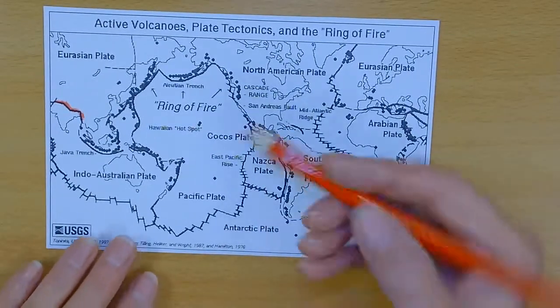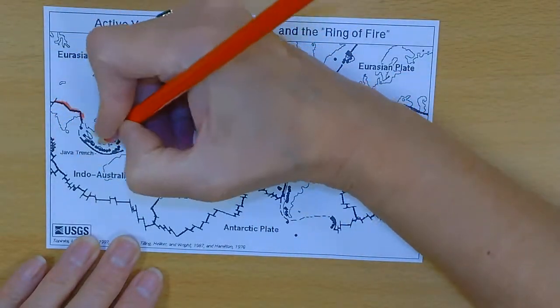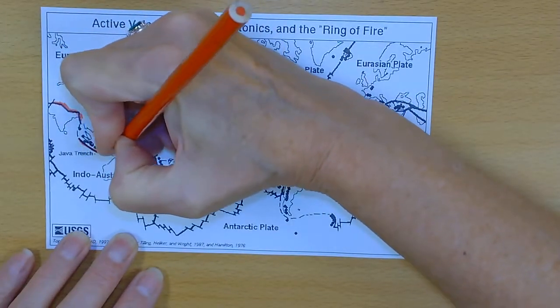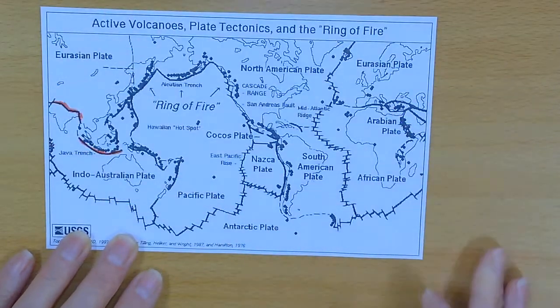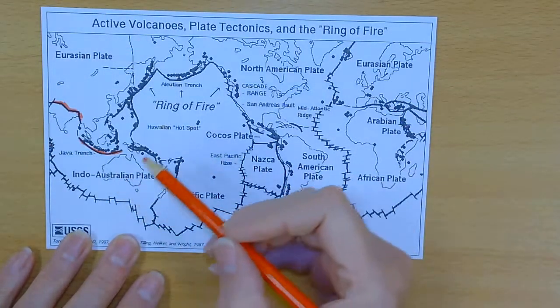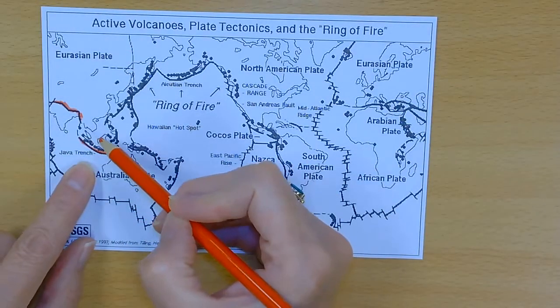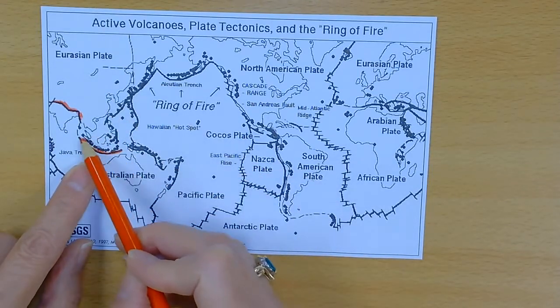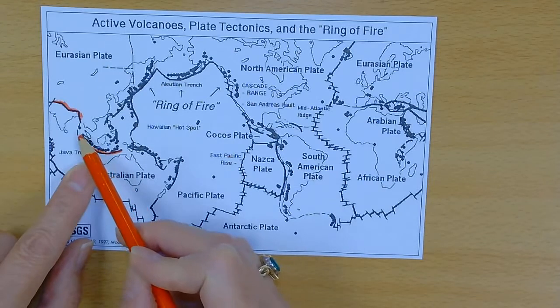Okay, now you're going to take your red, and you're going to continue along here. Make that red right there. This is ocean to ocean. And right here you can see this arc shape.